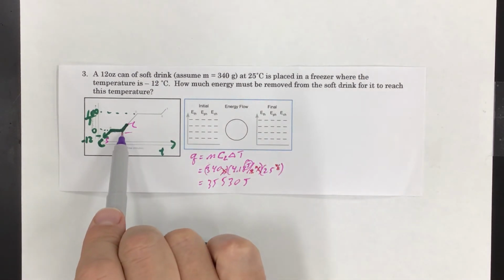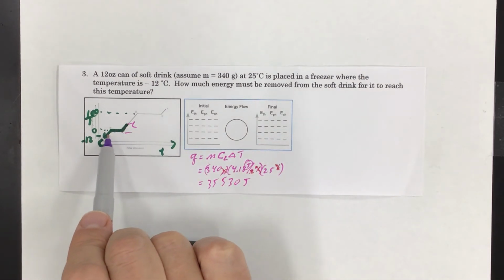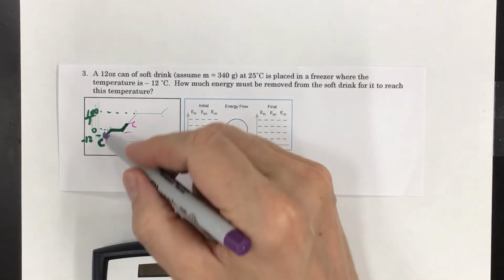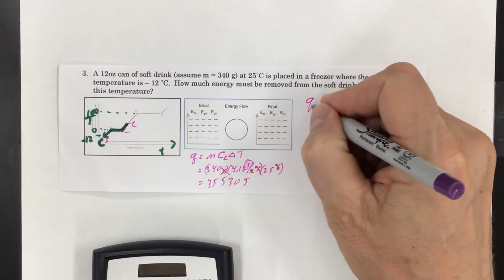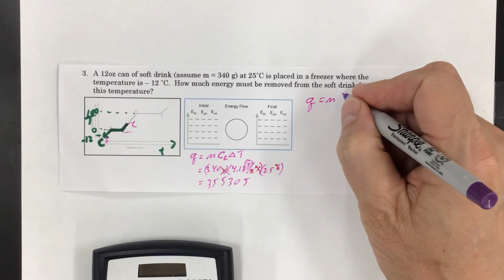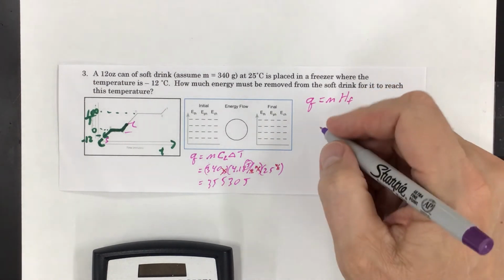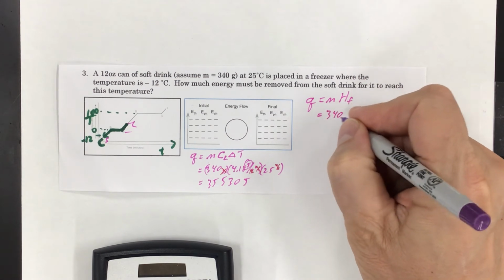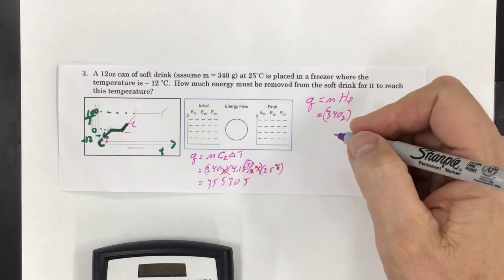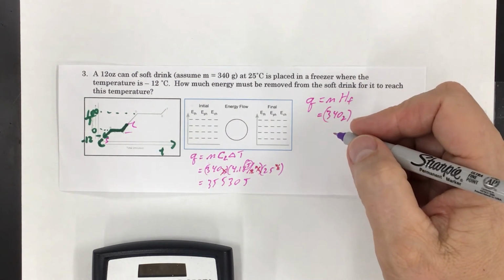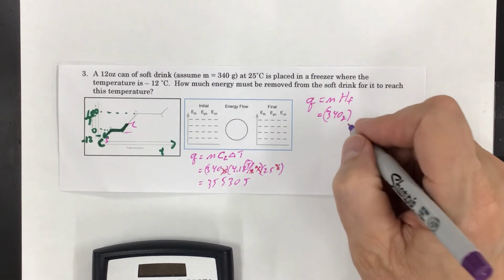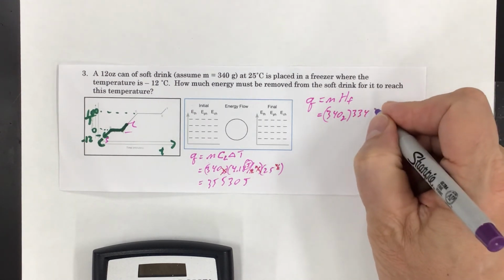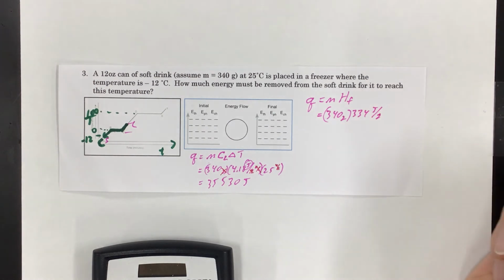Now we're going to solve how much it takes to actually freeze it all to a solid. And in that section, there's no delta T, but Q is mass times heat of fusion. Okay, so mass is still 340 grams. And the heat of fusion, if you look on the top of the page, is 334 joules per gram.